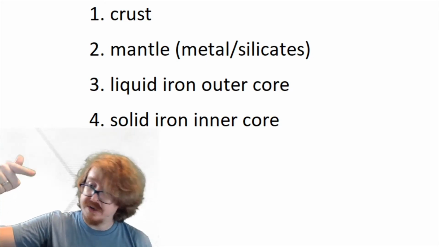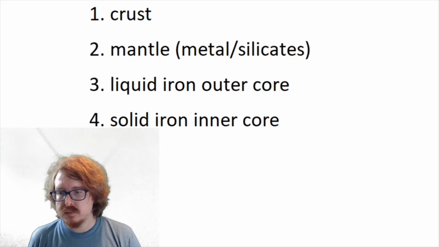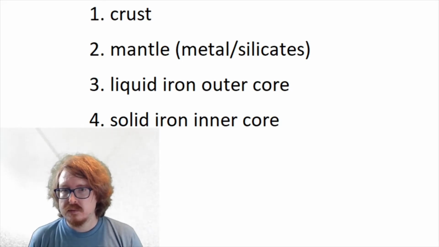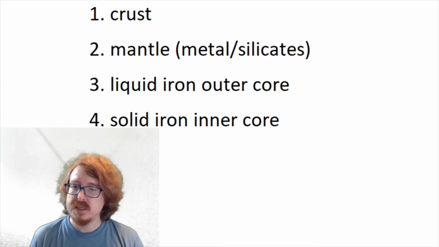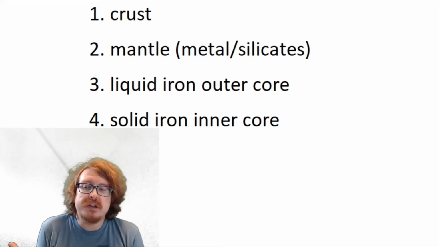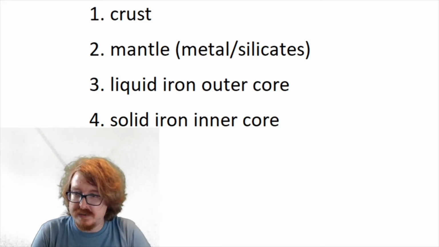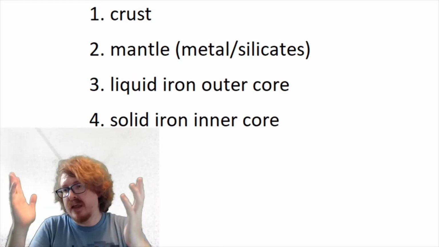Or is it all in those lower layers? Is there any iron here on the crust? Yes, obviously there is. We know there's iron in the crust because you know what iron is, and you have things made out of iron, like skillets and all kinds of things.